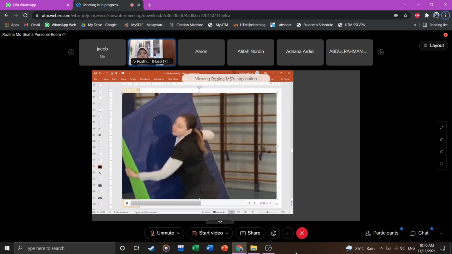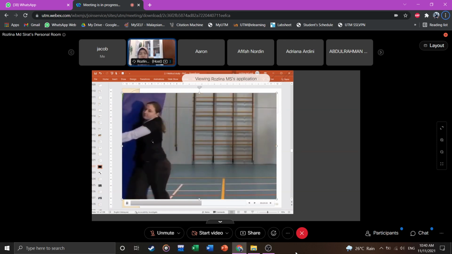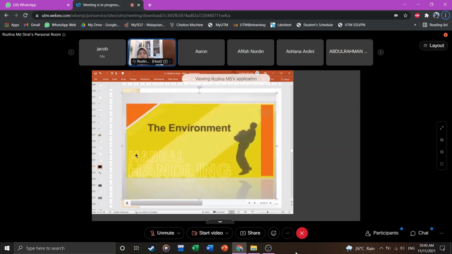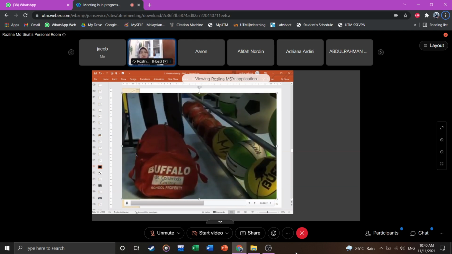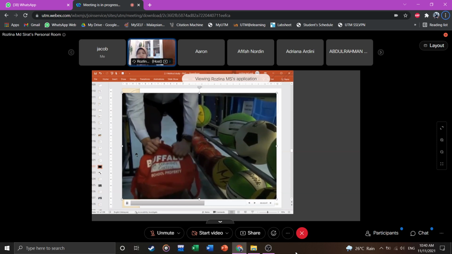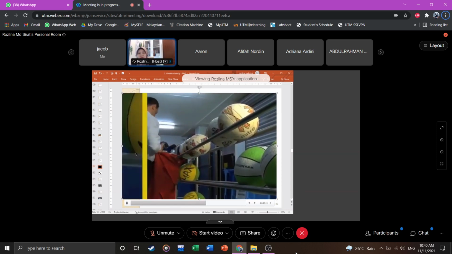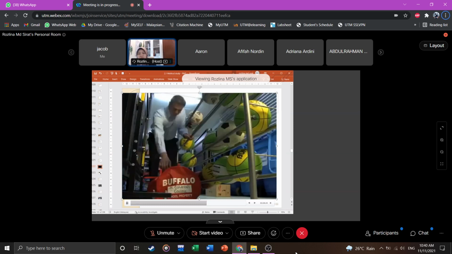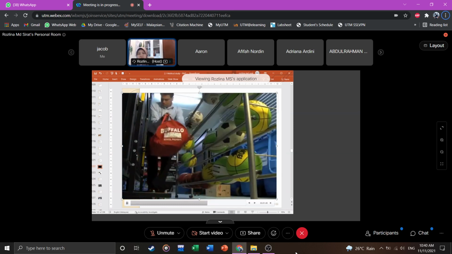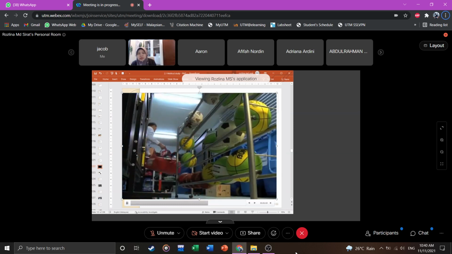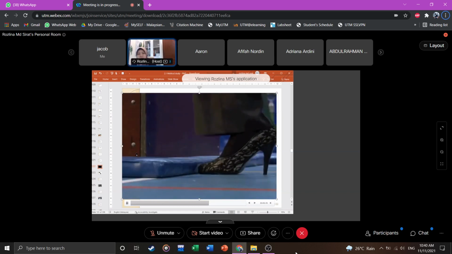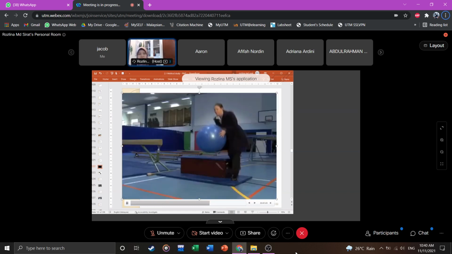Because of the problem of dimension, it is maybe not very heavy, but the dimension is wide and large. Or maybe the shape of the load. So they show how to do proper lifting of the load.